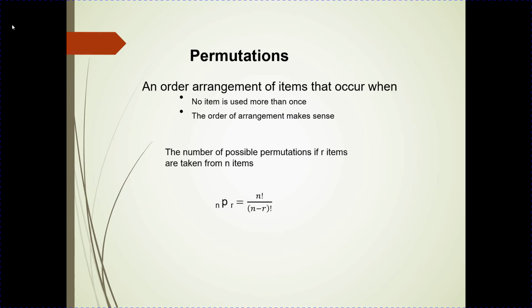The number of permutations taking r items from n items will be n factorial over n minus r factorial. So in permutation, arrangement or order matters. Okay, order matters when you arrange items. So this is a very important point.